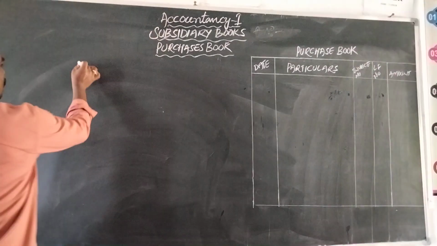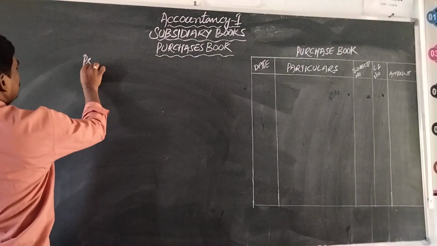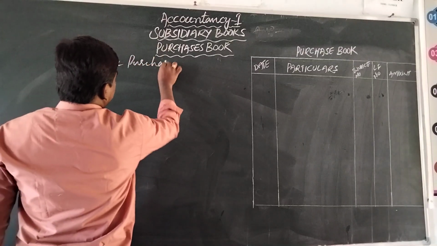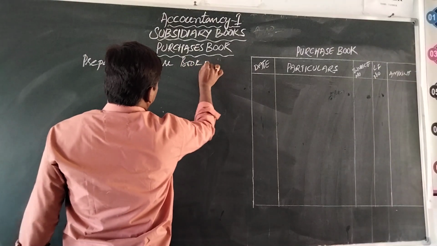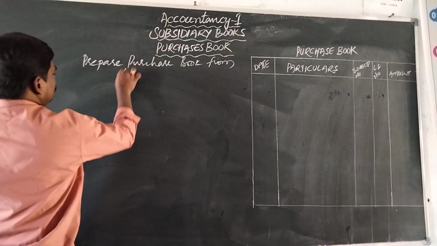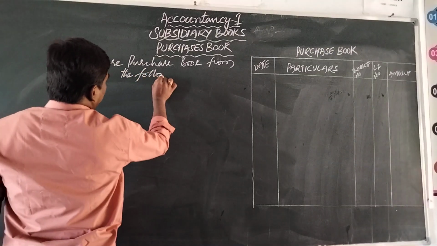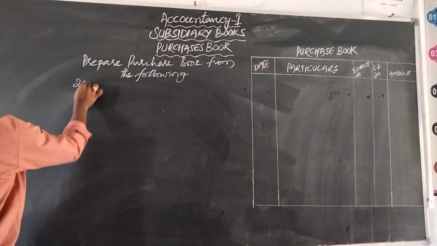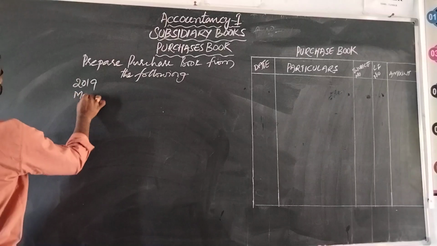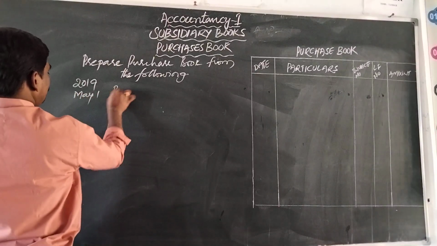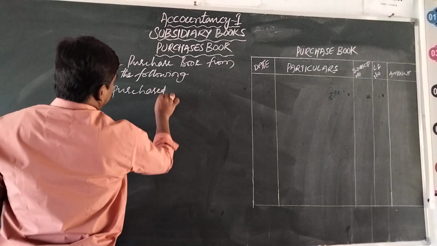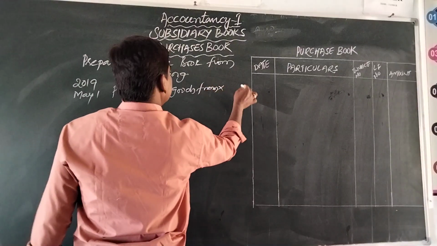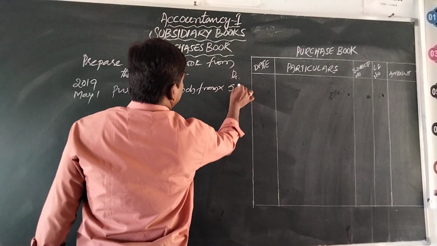You will be asked to prepare the purchase book from the following. 2019, May 1st: purchased goods from X, rupees 5,000.